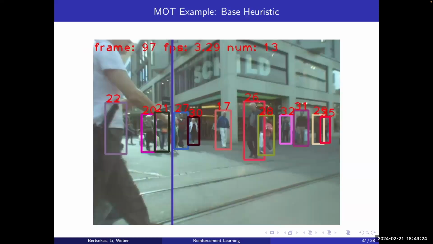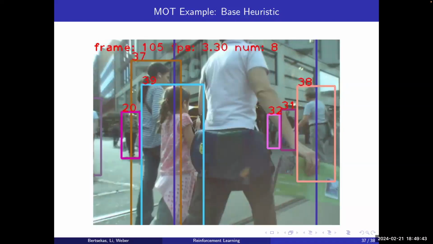So let's look at a benchmark study. You can just stare at this gentleman, who, using base heuristic, is assigned number 17. Over the frames, you can see after a while, he was blocked by this family.